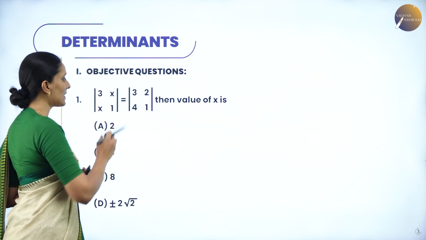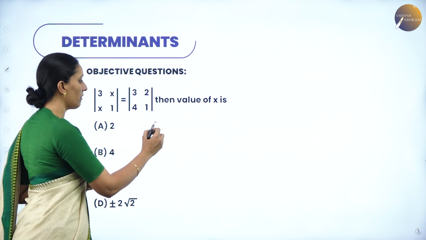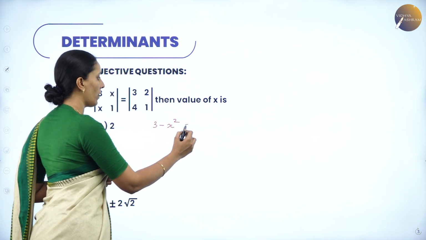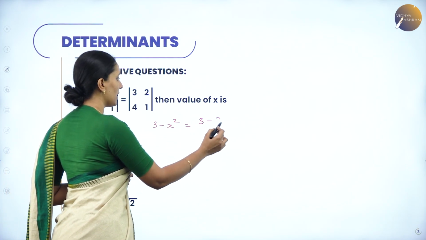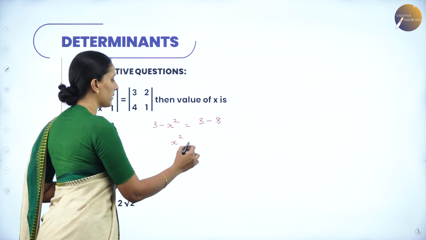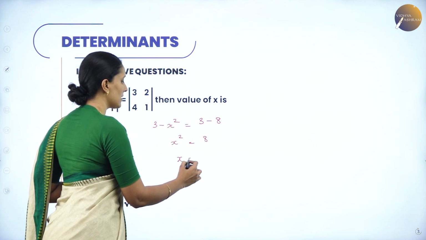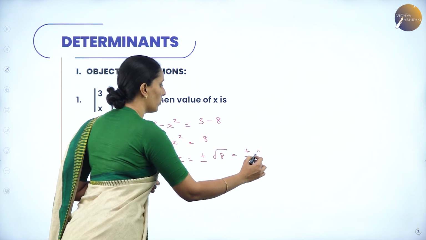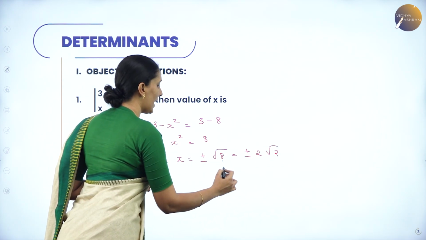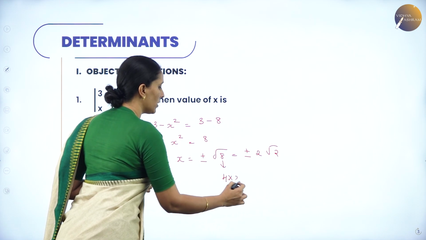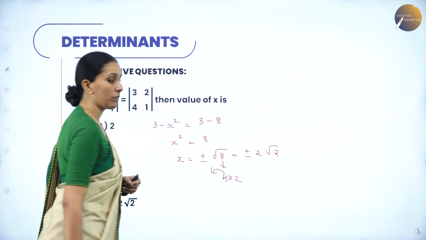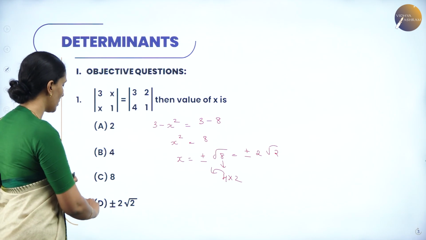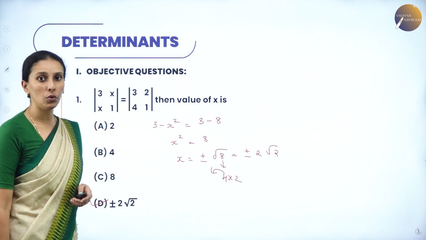If we solve these determinants, we will get 3 minus x square is equal to 3 minus 8. So we will get x square is equal to 8. x is equal to plus or minus root 8, which can be written as 2 root 2, because 8 can be written as 4 into 2, and 4 you can take out of the square root. So the correct option is plus or minus 2 root 2.